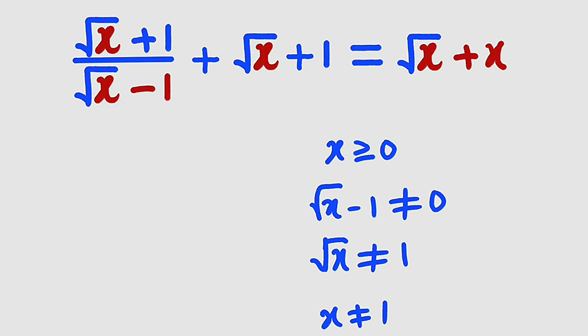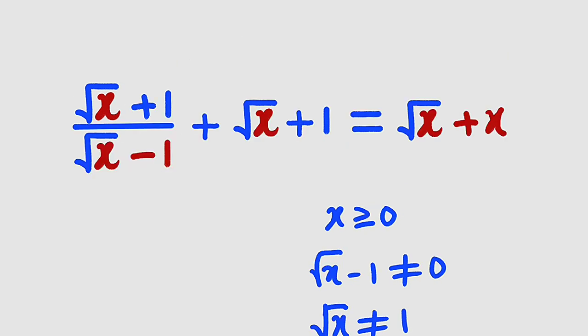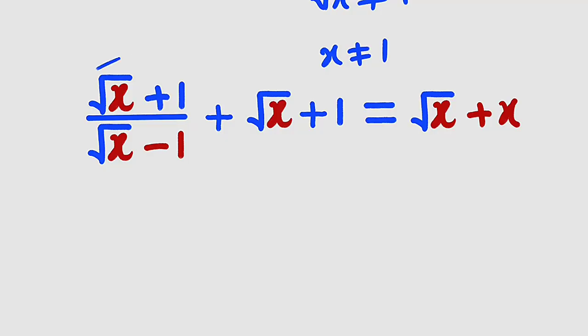So let's get started. I would like to multiply every single term by this denominator, which is square root of x minus 1, just to clear that fraction. So if you multiply the first term by its denominator, the numerator will be left, square root of x plus 1. Plus, we move to the second term.